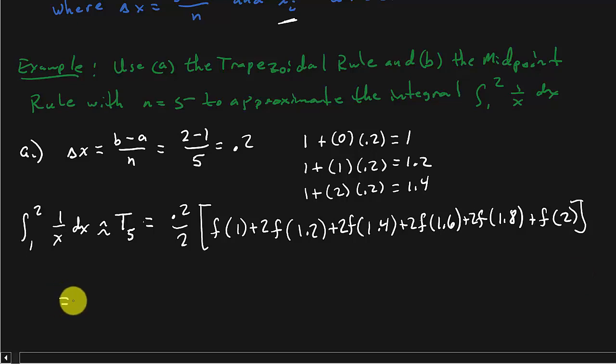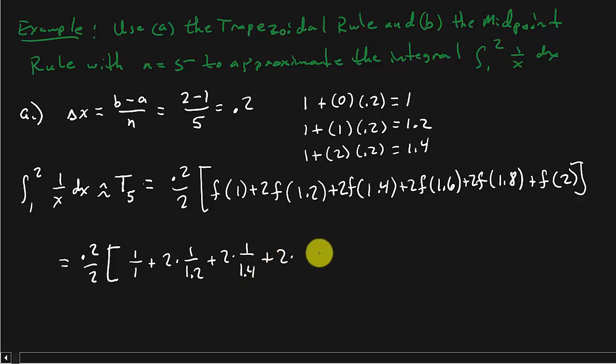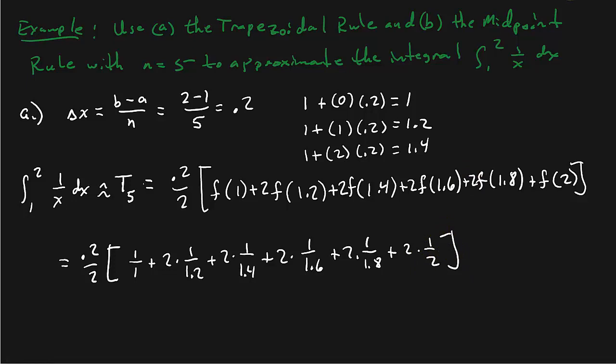All right, now let's plug everything in. We've got 0.2 over 2 times, f of 1, so I take the 1 and plug it in for x. That's 1 over 1, plus 2 times 1 over 1.2, plus 2 times 1 over 1.4, plus 2 times 1 over 1.6, plus 2 times 1 over 1.8, plus 1 over 2.